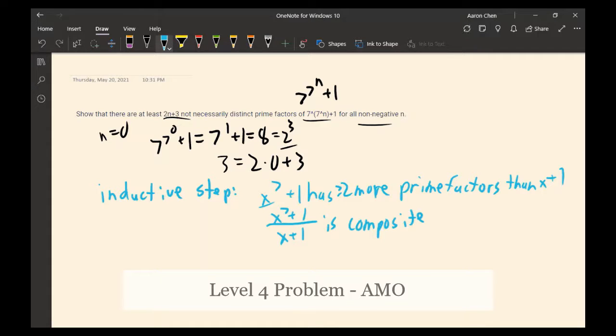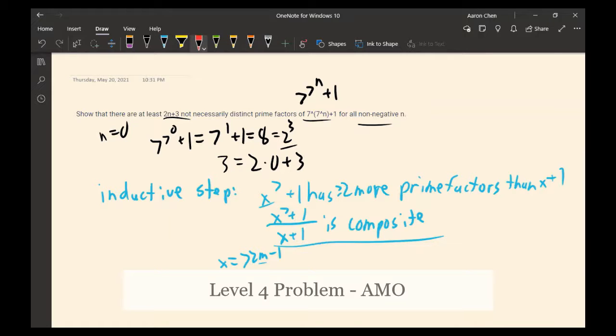And so, I claim that as long as x equals 7 to the 2m minus 1 for some integer m, then it would work. Then this is composite.